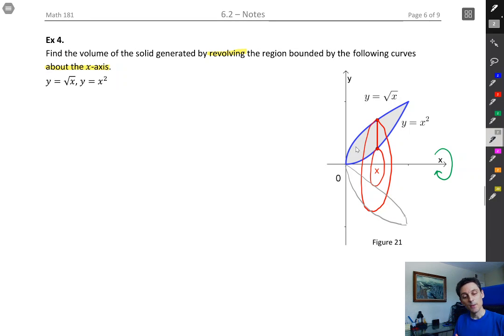There's the image of this leaf-looking region. If you spun it about the x-axis, this is what it would look like on the other side. It's like a shadow of it after you rotate it 180 degrees. It just gives you something to draw the cross section on.